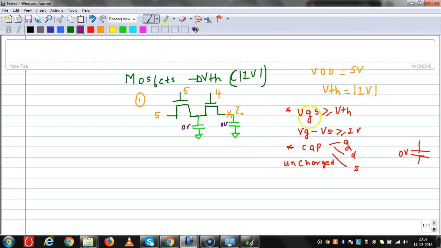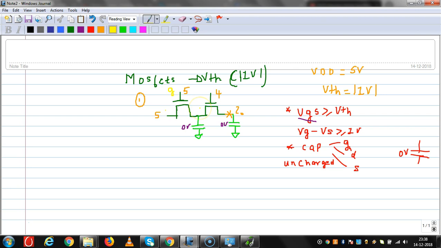Okay. Now first let us check what is the VGS voltage for the first MOSFET over here. Clearly this is the gate, and which is the source? This is another point. Let me just change colors. This is the gate, that is very clear, but which is the source? This terminal on the left or this terminal on the right? This is another point where usually people get stuck.